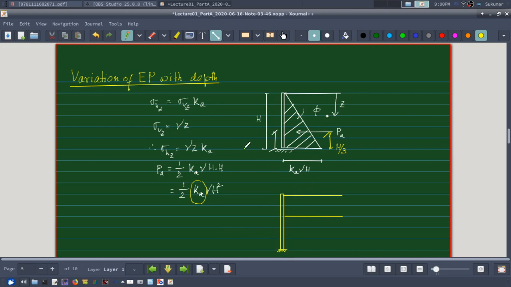So what will happen, say this portion has a gamma of gamma 1 and phi 1, and this portion has gamma 2 and phi 2. Okay, in that case my active earth pressure will be, let me draw it here.